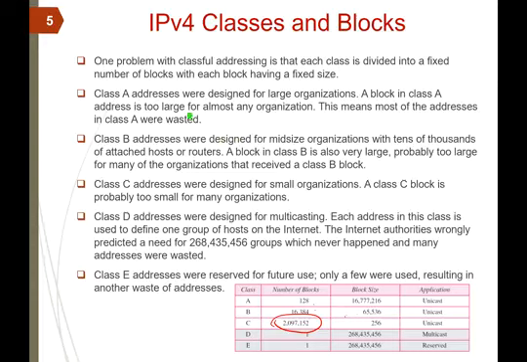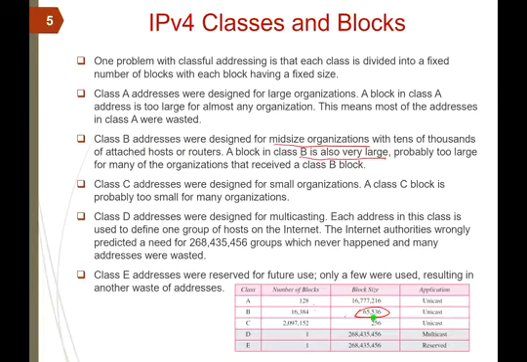Class B addresses were designed for mid-size organizations, you see. So in class B, you can name 65,000 hosts with tens of thousands of attached hosts or routers. A block in class B is also very large.